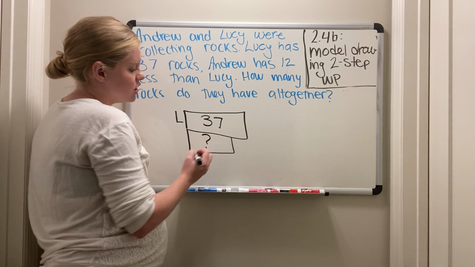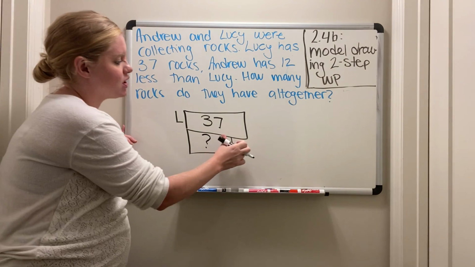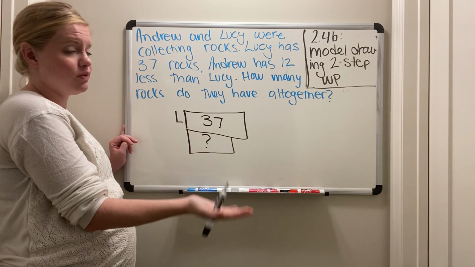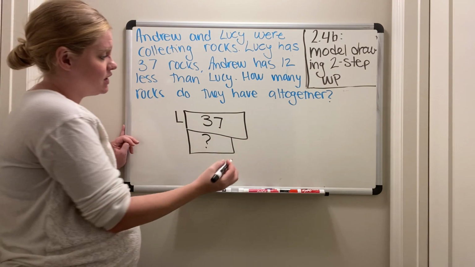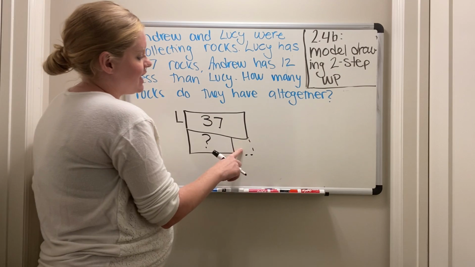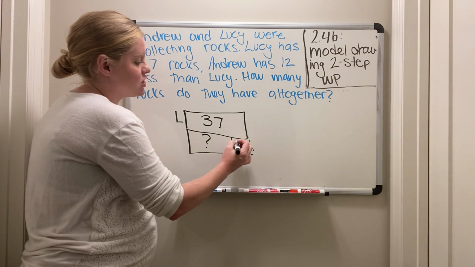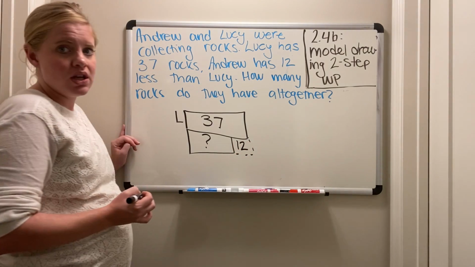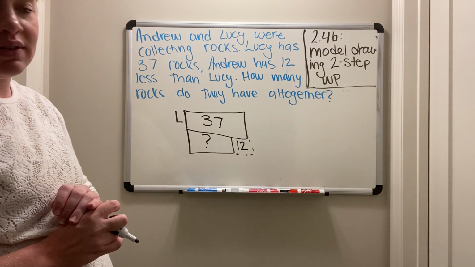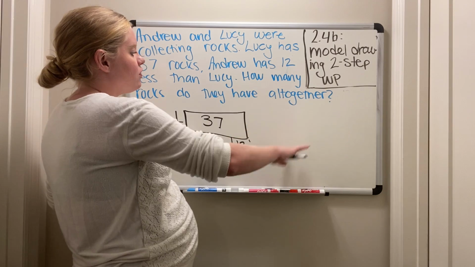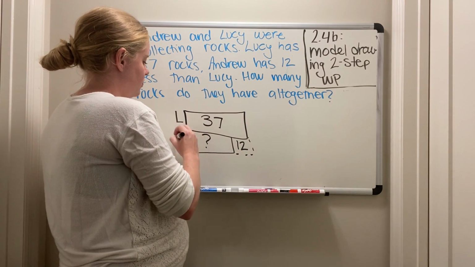No. So we put our question mark there because we need to figure that out first. Okay. Do we know how many less Andrew has than Lucy? Yes, he has 12 less than Lucy. So we put the 12 in there. Now, when we're looking for a total, oops, this is Andrew.